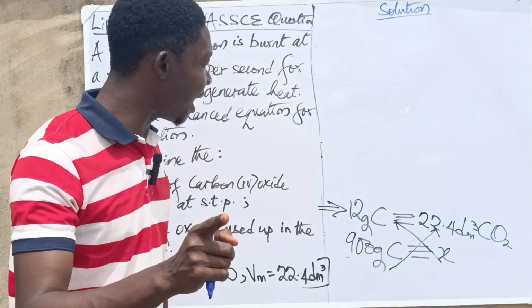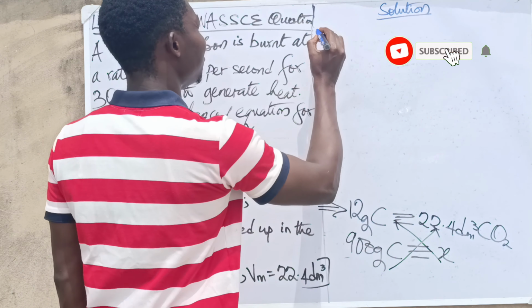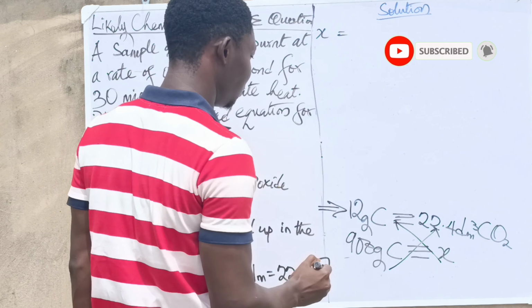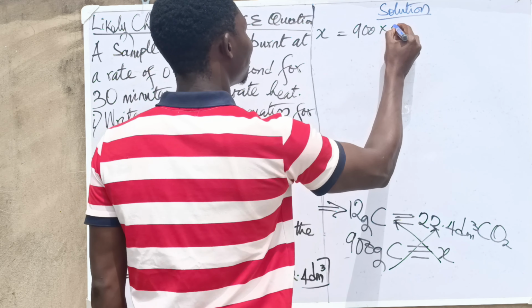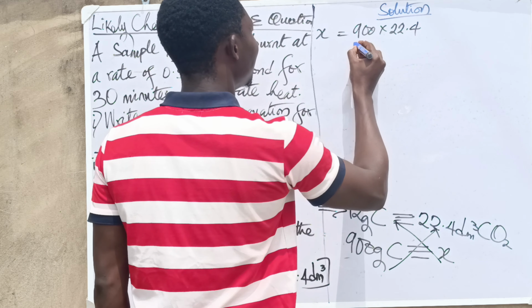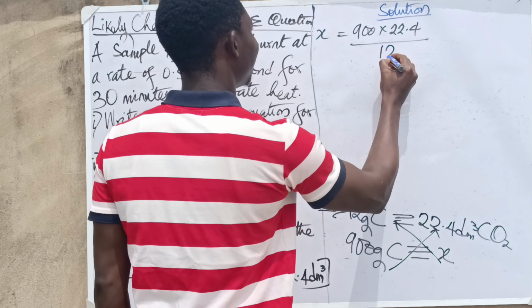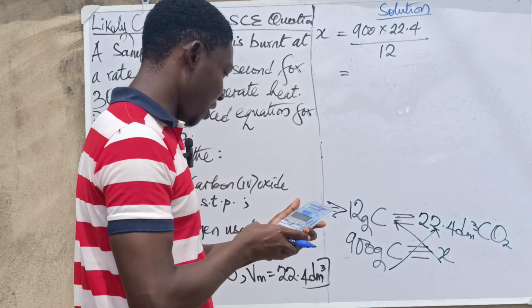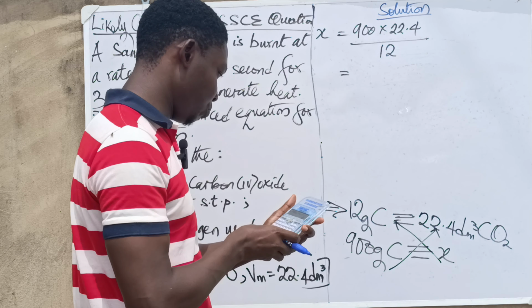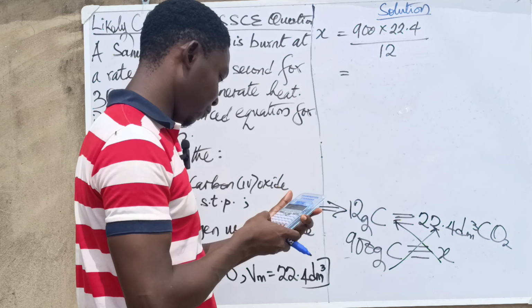So if we cross multiply and make x the subject, without wasting much time, it would be x equals 900 times 22.4 divided by what goes with x, which is 12. If we do this, we would have 900 times 22.4 divided by 12.